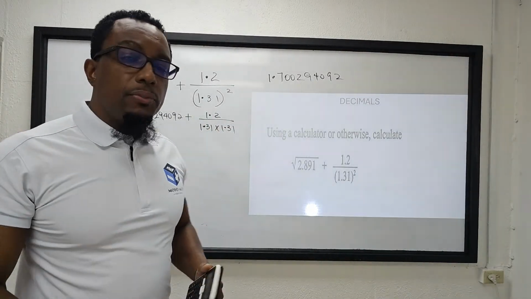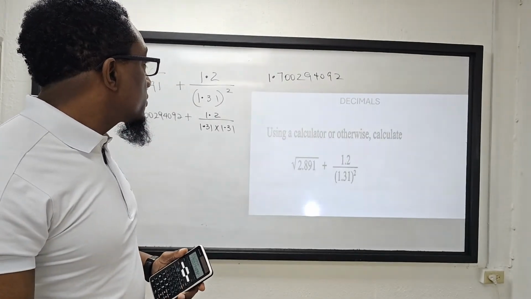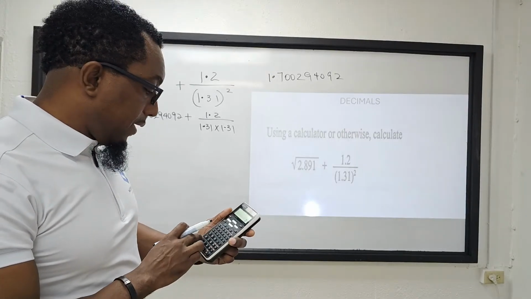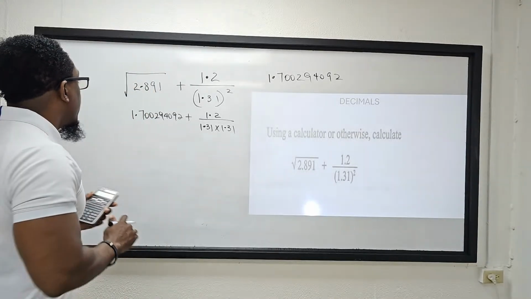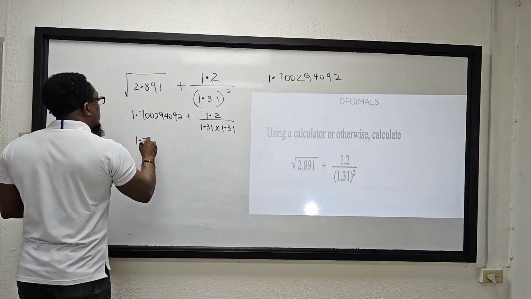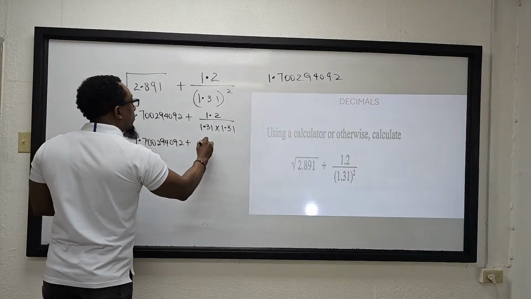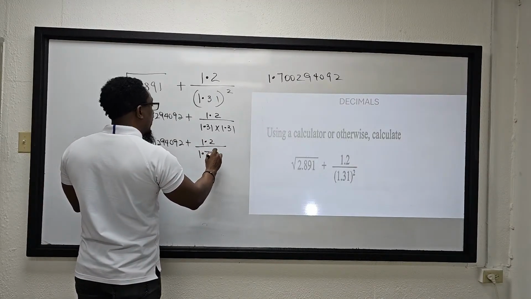If I say 1.31 squared, we know it's 1.31 times itself. So let's work this out. Let me work out what is 1.31 by 1.31. So I'm going to get here 1.700294092 plus 1.2 all over 1.7161.